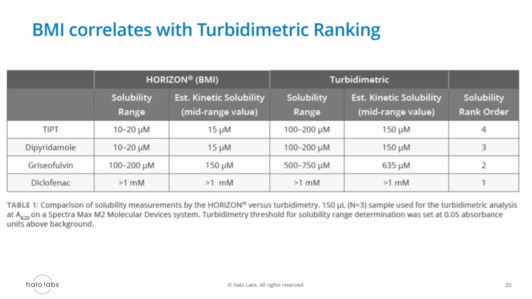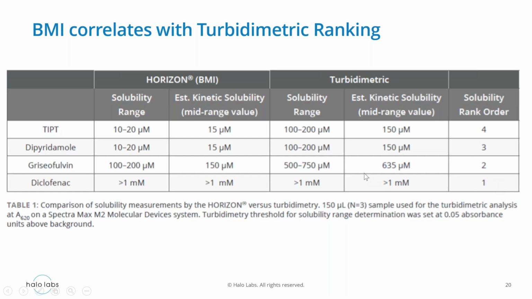Just to give you a number, I took the mid-range value for this and put it here. And if we do the same for the turbidimetric assay, what we see is that we're about 10 times higher in sensitivity than the turbidimetric methods, although the solubility rank order, as I've said before, stays constant.